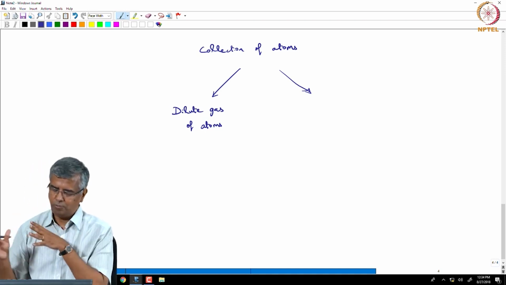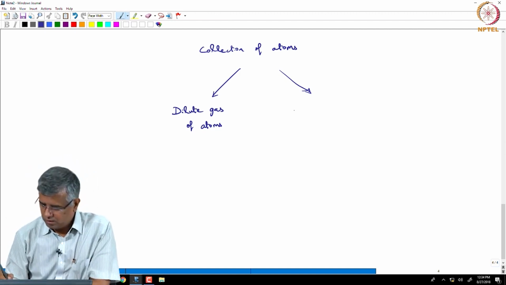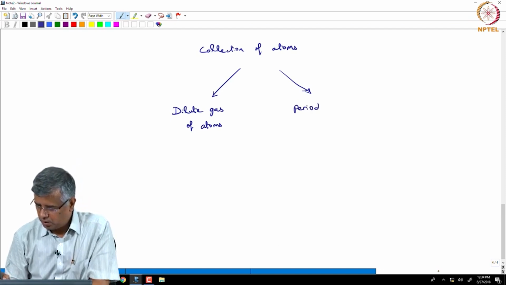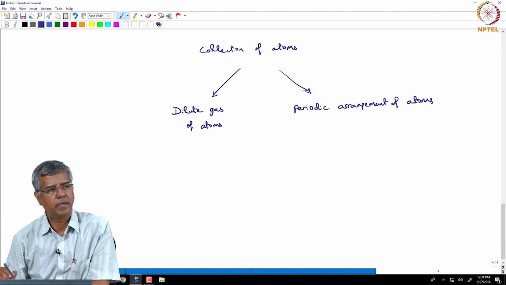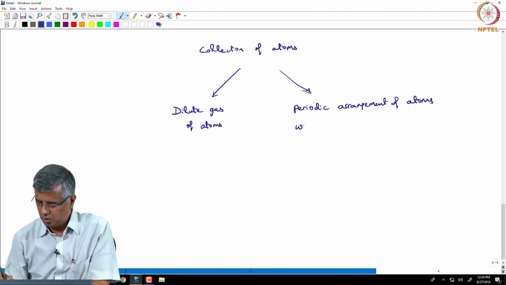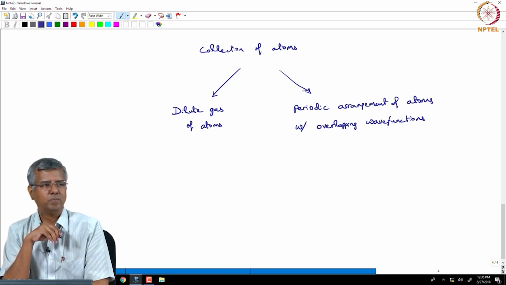Now, this is different from another system where you have a periodic arrangement of atoms, specifically with overlapping wave functions. Does that remind you of something?